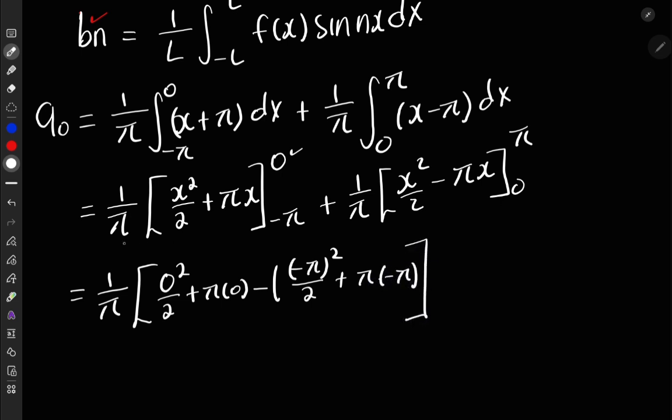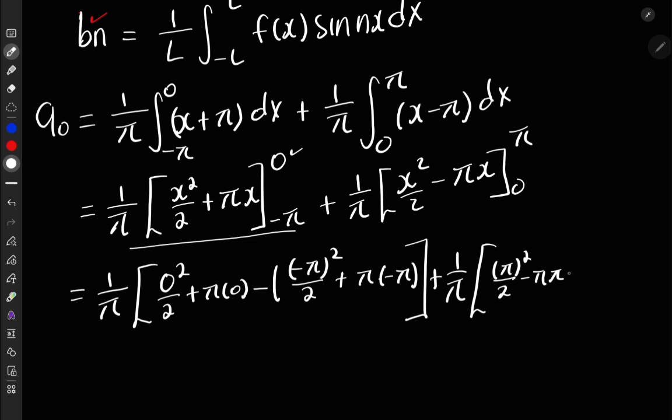Then we are done with the first one. Then you go to the second one. You substitute with pi, which gives you pi squared over 2 minus pi times pi. Then substitute the lower one.